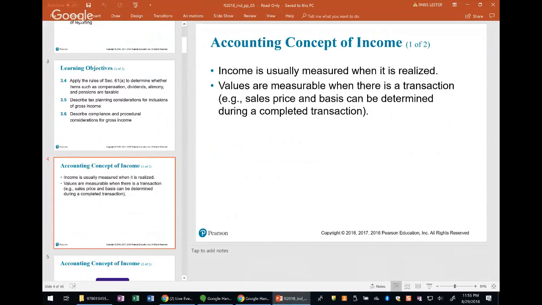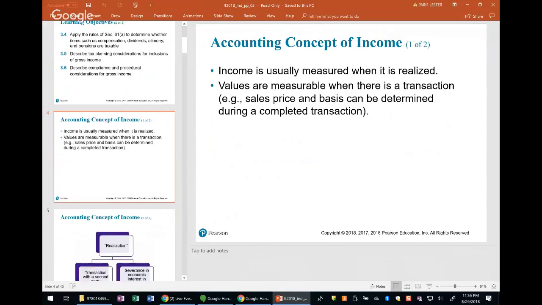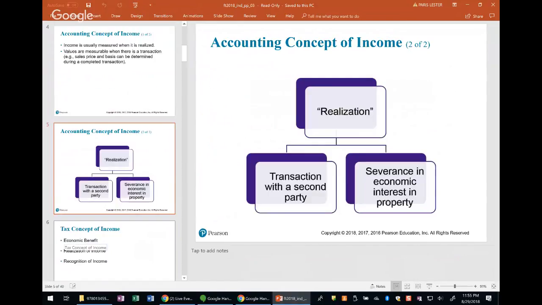All right, the accounting concept of income: money values are measured when a transaction occurs, sales price, basis, whatever. So we know what the accounting concept of income is. It's money, okay? Accounting concept of income: realization, a transaction with a second party, and we know that it involves a change in economic interest in property.